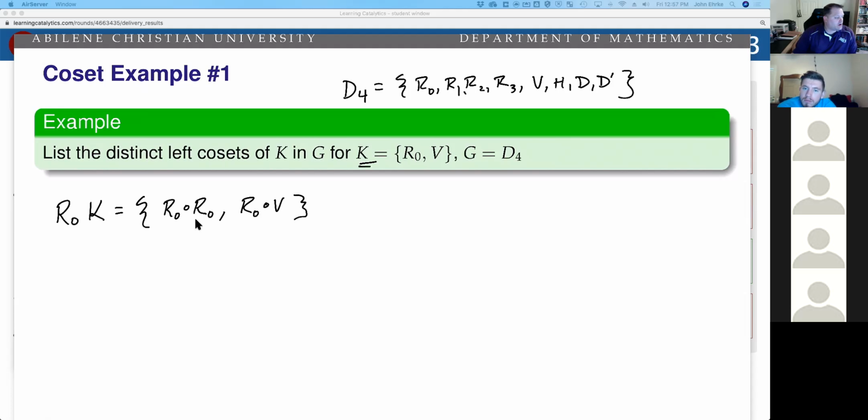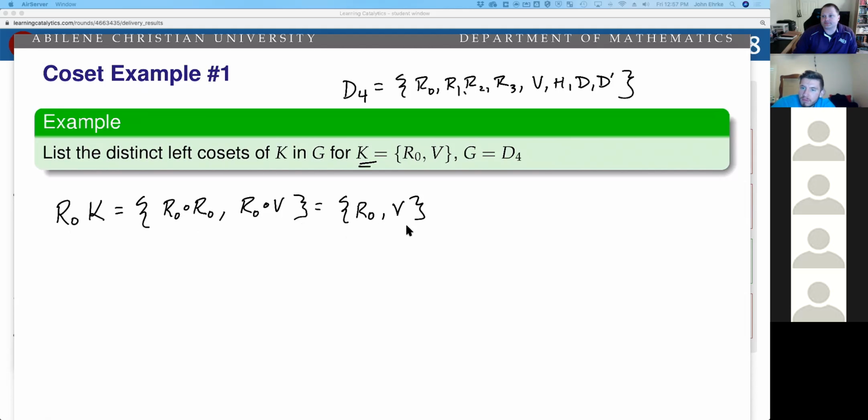So what is R naught composed with R naught? Remember, compositions are right to left. Still R naught. What is R naught composed with V? Still V. Do you suppose that there is another representative that also generates this coset?